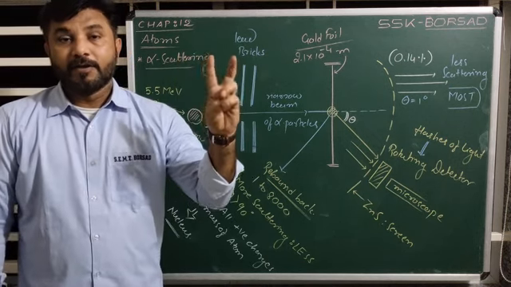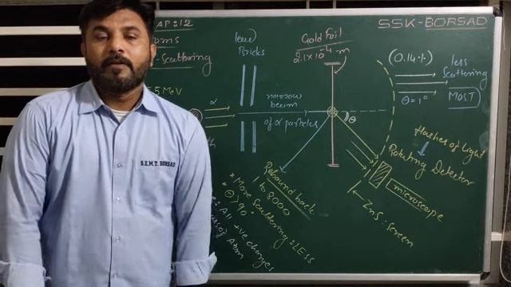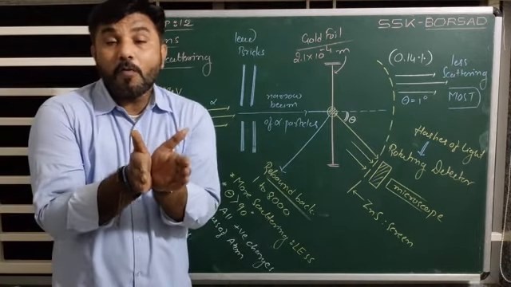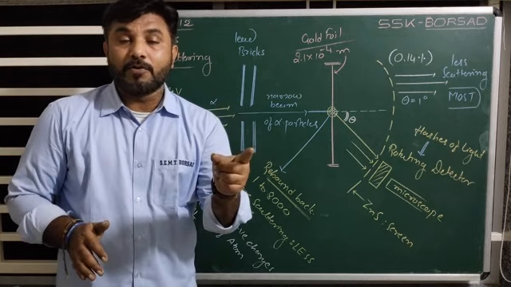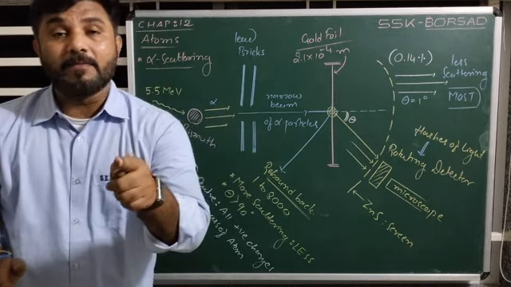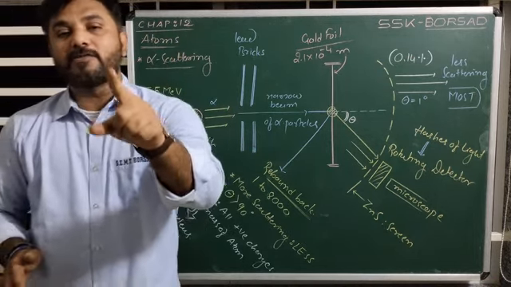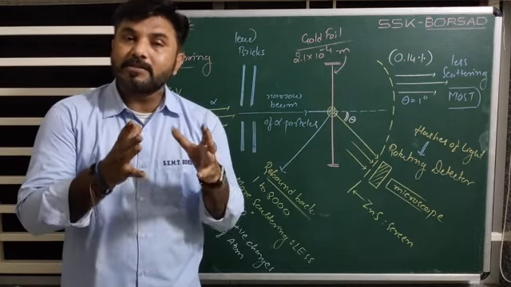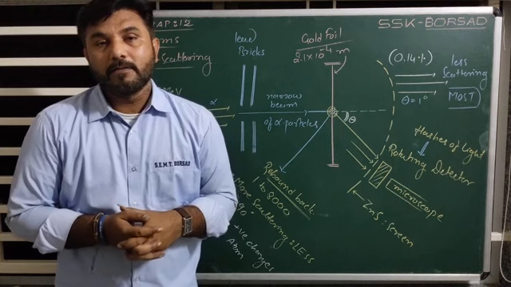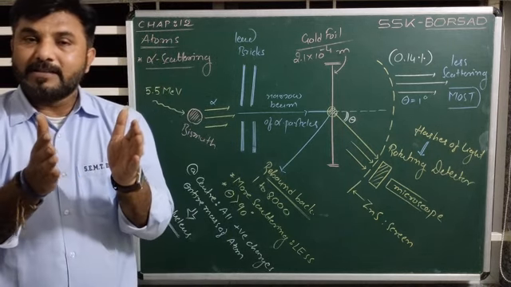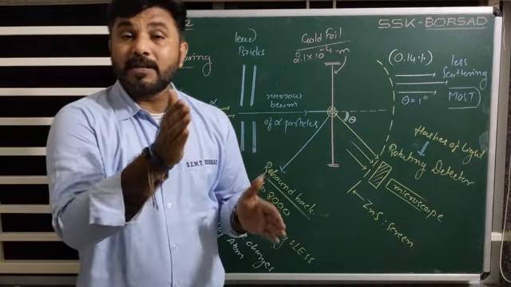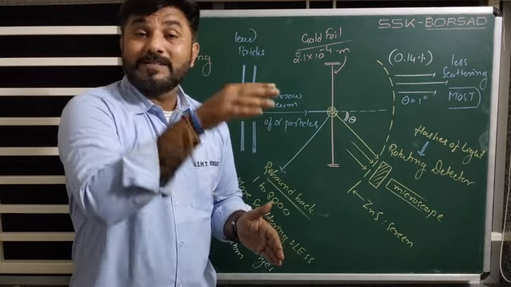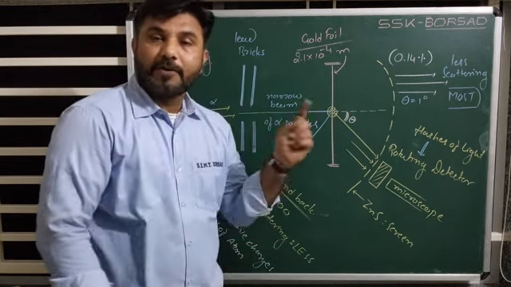Clear? Third thing, the size of nucleus is very small. How much smaller? 10,000 to 1 lakh times smaller than the size of atom. Means whatever the size of atom is, the nucleus is 10,000 to 1 lakh times smaller.